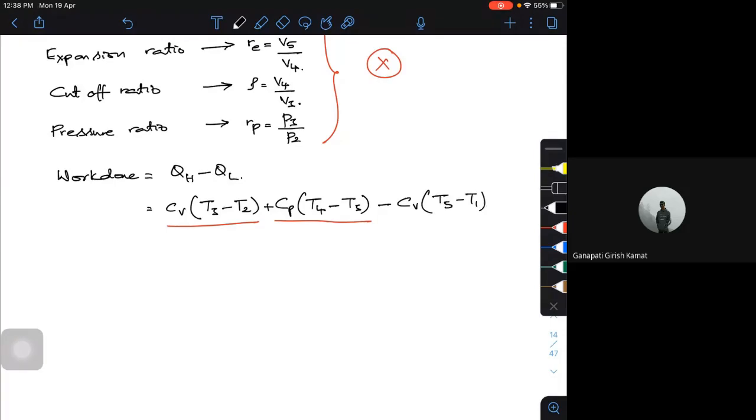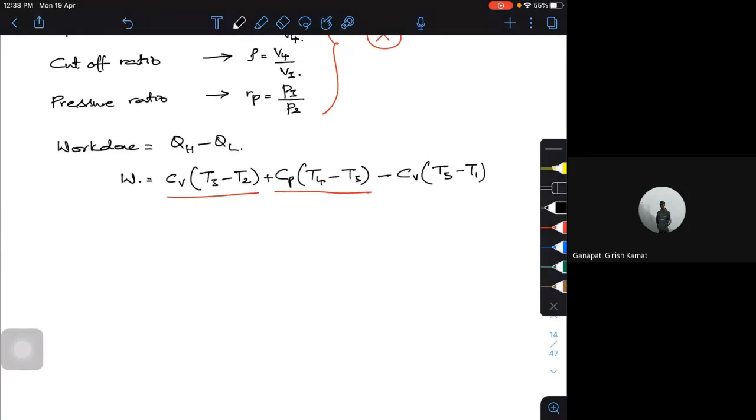So this is your work done. Then what is your thermal efficiency? Thermal efficiency is equal to work done by heat supplied.